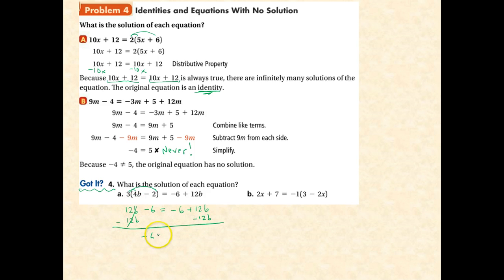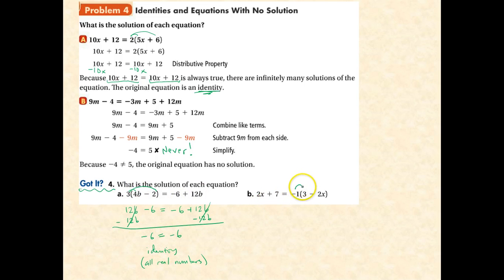So negative 6 over here. 12b minus 12b is 0. So negative 6 over here. So this is an identity. And the solution is all real numbers. You can put anything you want in for b, and it'll always be equal.